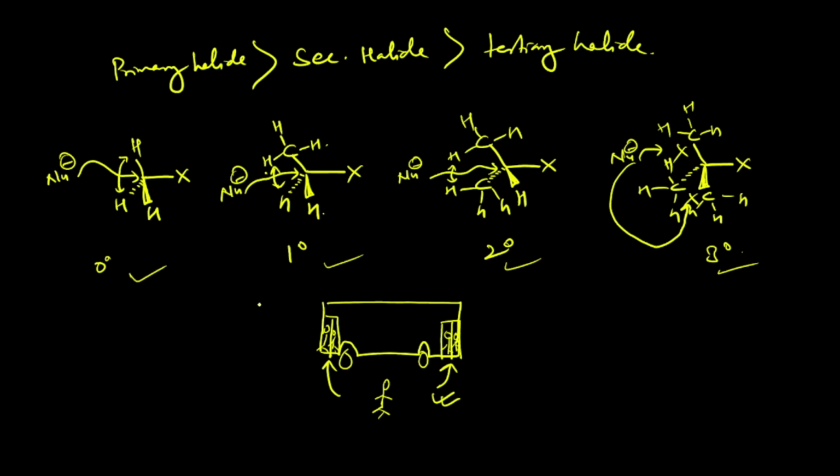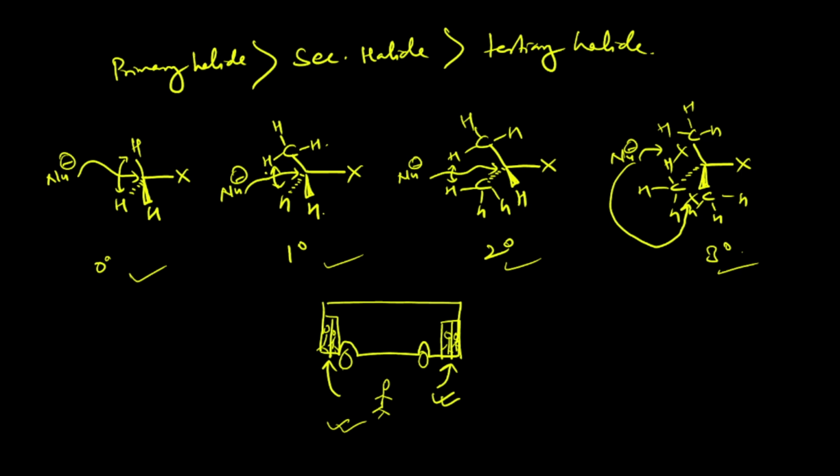For SN2, the nucleophile has to attack the carbon center, and as soon as it attacks, the halide immediately goes away from there. So that's the mechanism we have discussed. That's why primary halide has more tendency towards SN2, then secondary, then tertiary, correct? Got it?